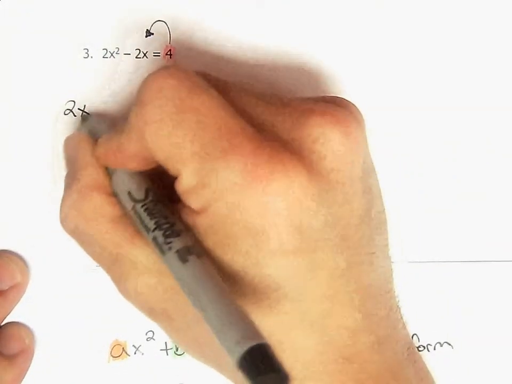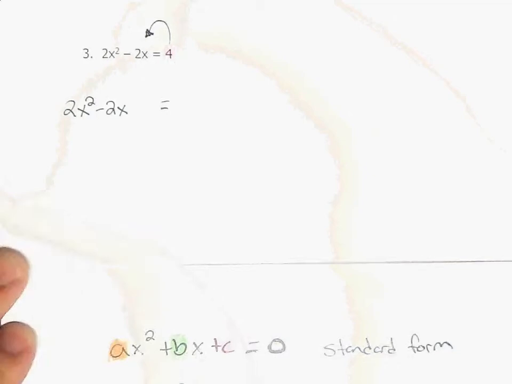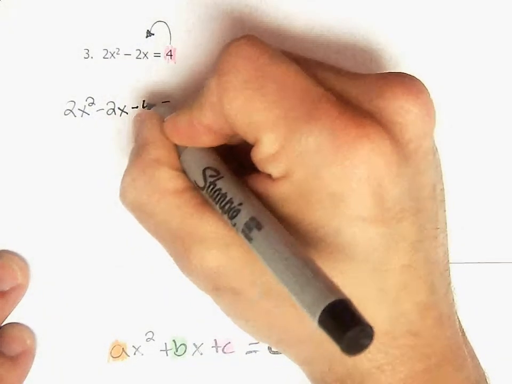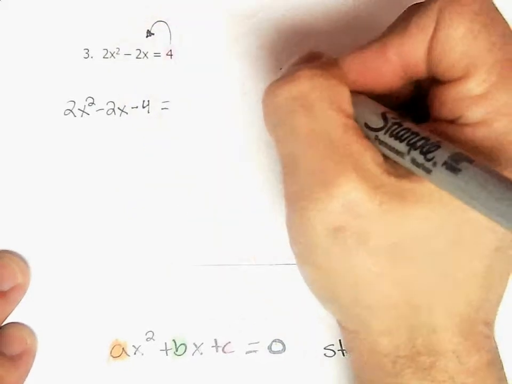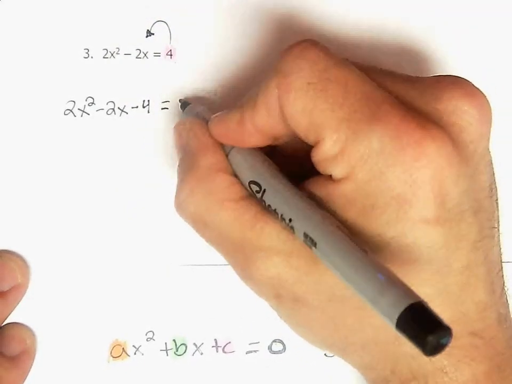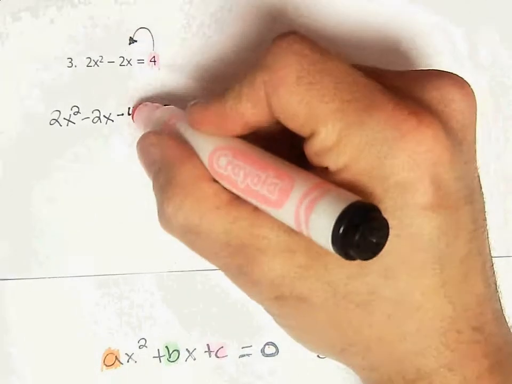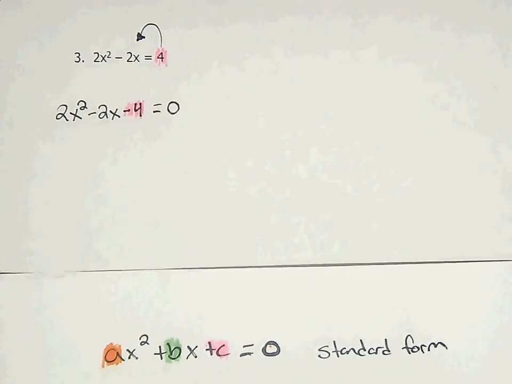I have 2x squared minus 2x already over there. As I move the 4 over, it's going to become a negative 4. And then what I have left over here is nothing, so I put a 0. So again, I moved that 4 over and it became a negative 4. Now it looks like standard form.